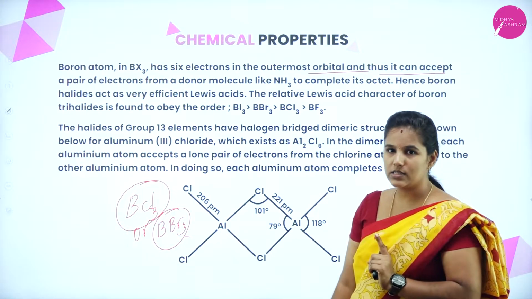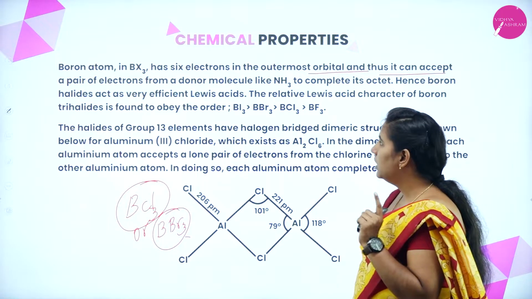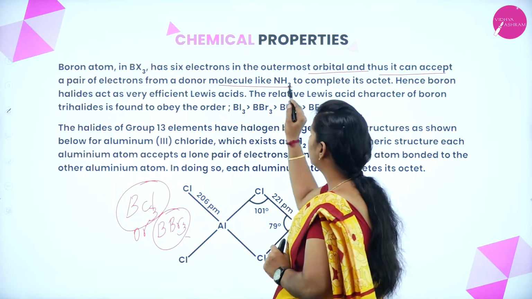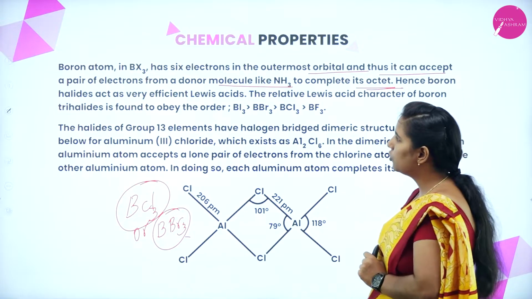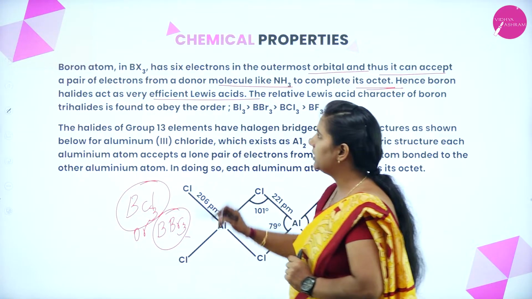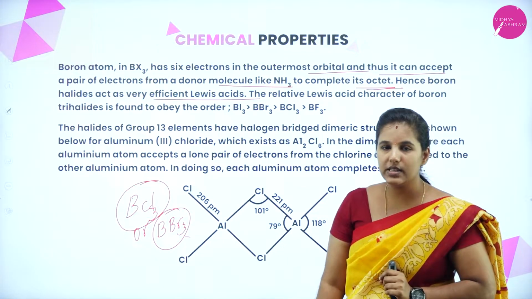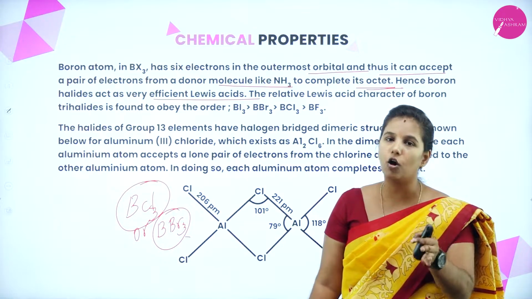In order to get an octet structure, it needs to accept one electron pair from donor molecules like ammonia to complete the octet. Hence, the boron halides act as very efficient Lewis acids. Why do they act as Lewis acids? It needs to accept 2 more electrons to get the octet structure.